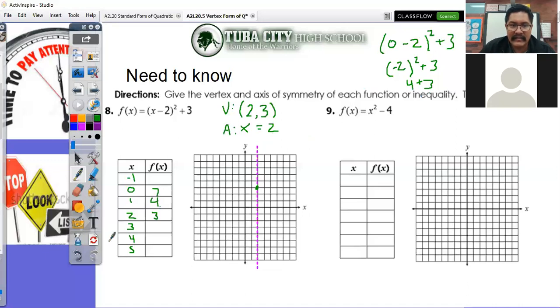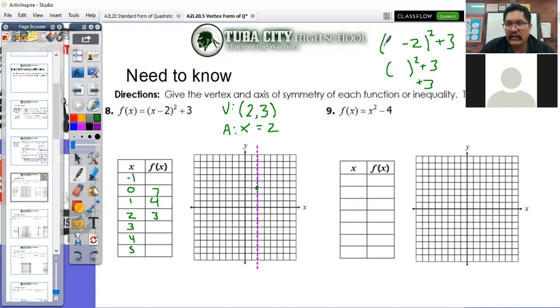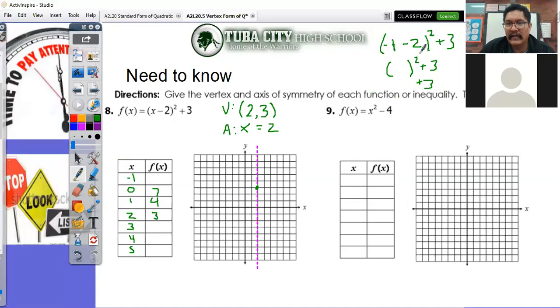And that means we're going to get 7 here. Negative 1 and negative 2, combine those, you get negative 3. Square that, you get 3 times 3, which is 9. And remember, the negatives will cancel each other out. And that will make it 12.